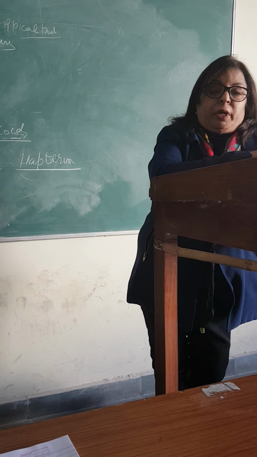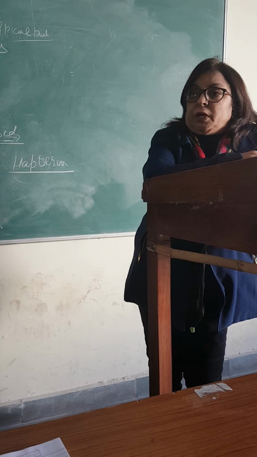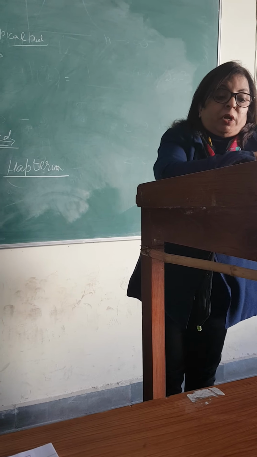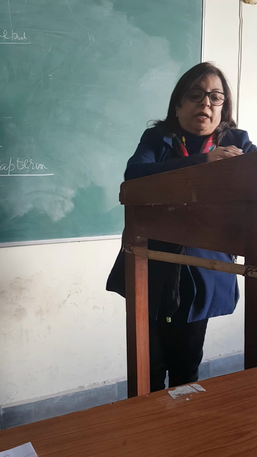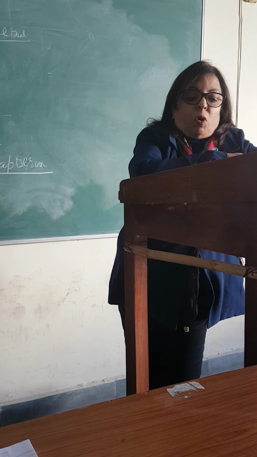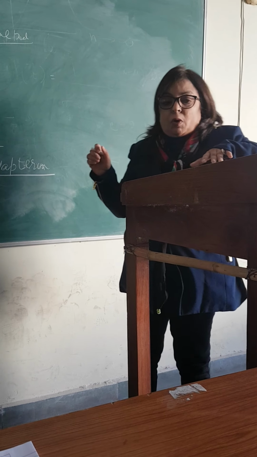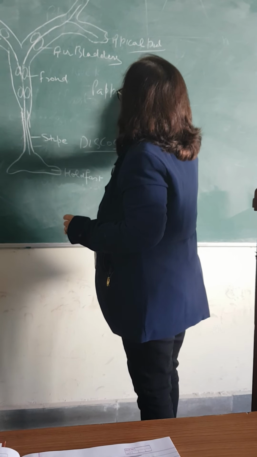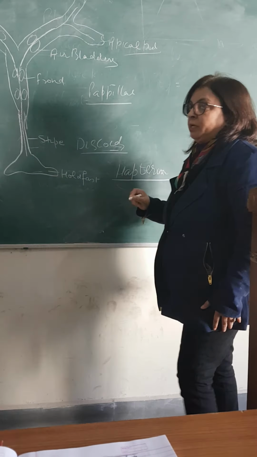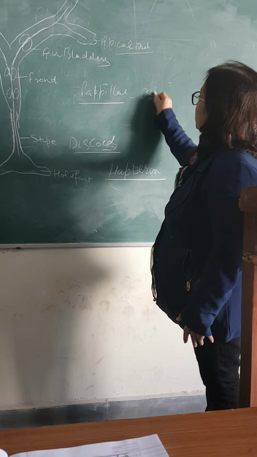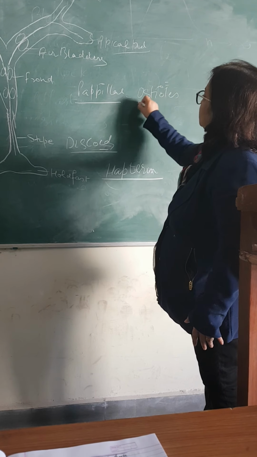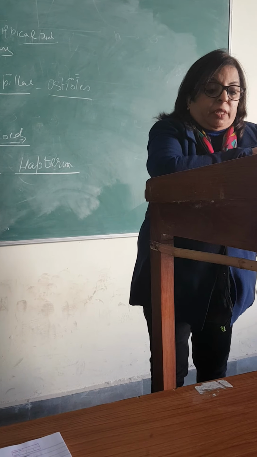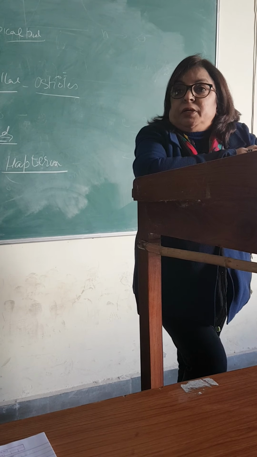Another thing which we see over here, which is very specific to Fucus, is the presence of swollen ends, and these swollen ends contain small pimple-like projections, which we call papillae. These papillae have pores in the middle, and those pores are known as ostioles. These ostioles, or pores, appear like scattered dots.